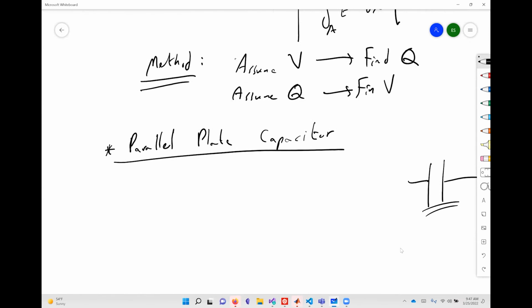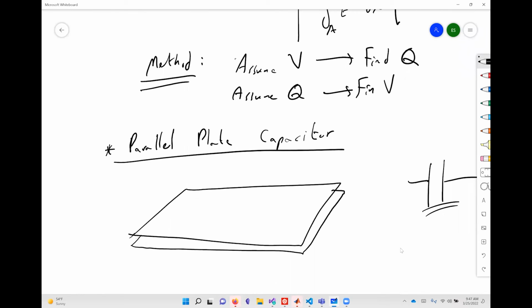So parallel plate, it looks something like this. I have surface 1, I have surface 2 underneath it, and the distance D has to be pretty close. So I have here epsilon. I could have some material, I have the width, I have the length, right? And it could be air.